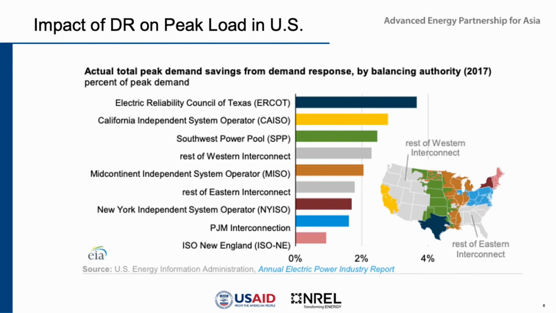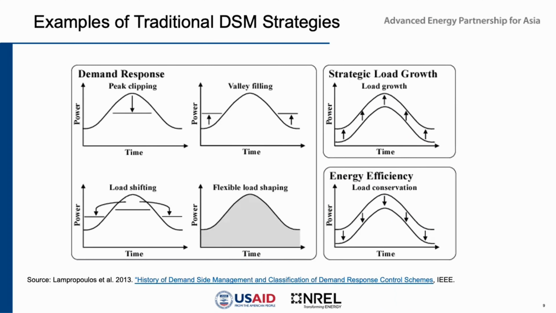Okay, here is a very traditional picture of the role that demand response can play in your power system and what different strategies are. For example, to reduce peak load, utilities will often use a term called peak clipping.